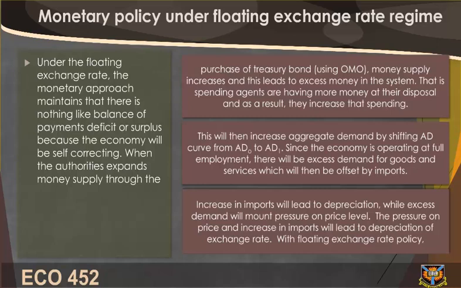Since the economy is operating at full employment, there will be excess demand for goods and services, which will then be offset by import. Increase in import will lead to depreciation, while excess demand will mount pressure on price level. The pressure on price and increase in imports will lead to depreciation of exchange rate.